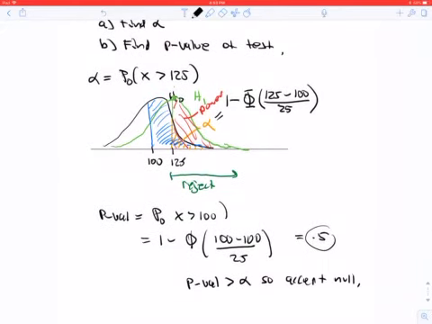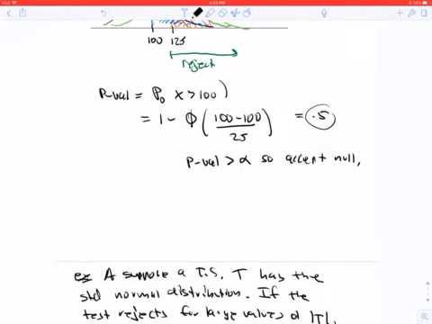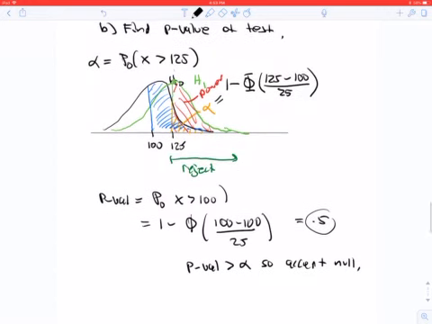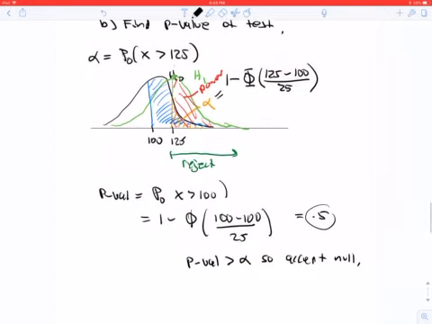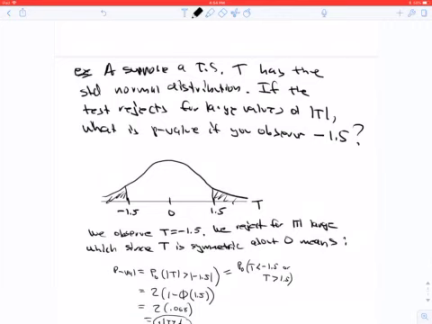That would be 0.5. So the p-value is greater than alpha. The p-value is clearly greater than alpha here, as you can see from the picture, so we would accept the null.